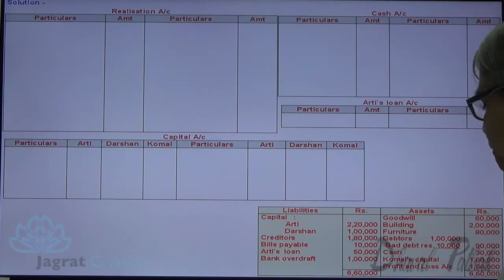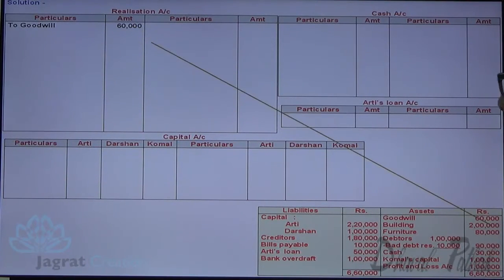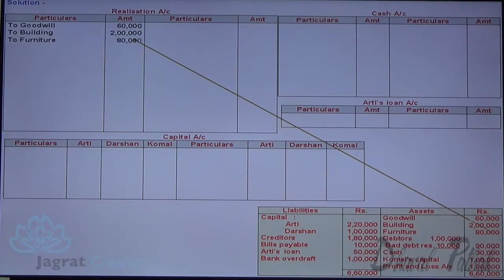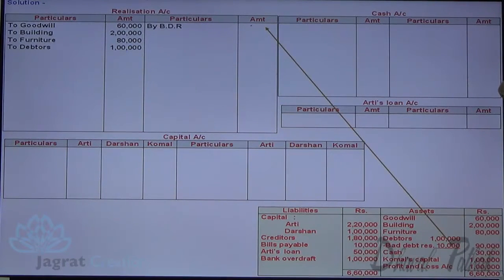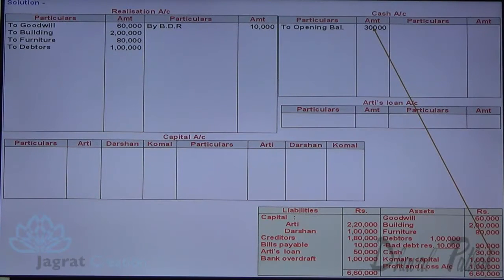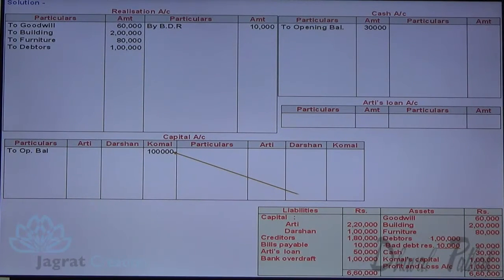This is how I am going to consider the balance sheet. Let me start. See, goodwill debited to realization account, building debited to realization account, furniture debited to realization account, debtors 1 lakh, bad debt reserve is credited to realization account. Cash balance is 30,000. Komal's capital debit balance I write on the debit side, balance brought down to opening balance.